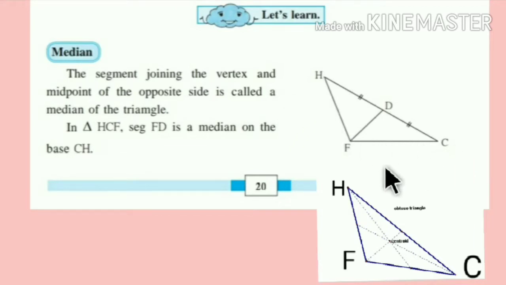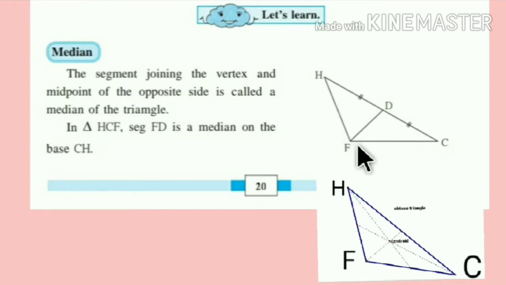HFC. There is a segment drawn from this vertex F toward the opposite side, that is FD. The segment joining the vertex and the midpoint of the opposite side is called the median of the triangle.